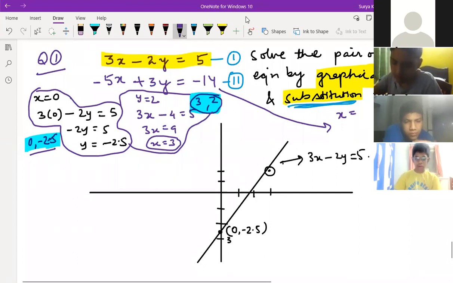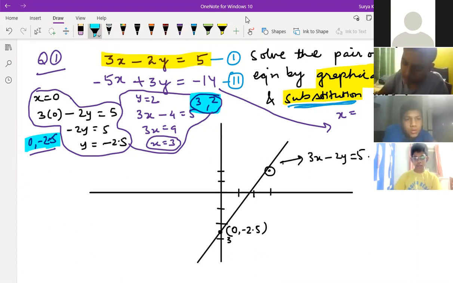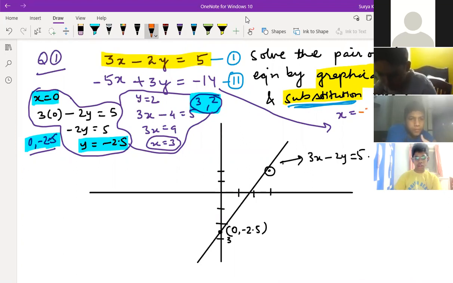Because see here we have taken 2, so we got x equal to 3. In the same way, sir, minus 2. If you take minus 2 this becomes 10, right? Yeah, very good. So if you take x equal to minus 2, children, what you get here is minus 5 into minus 2 plus 3y equals minus 14, right?